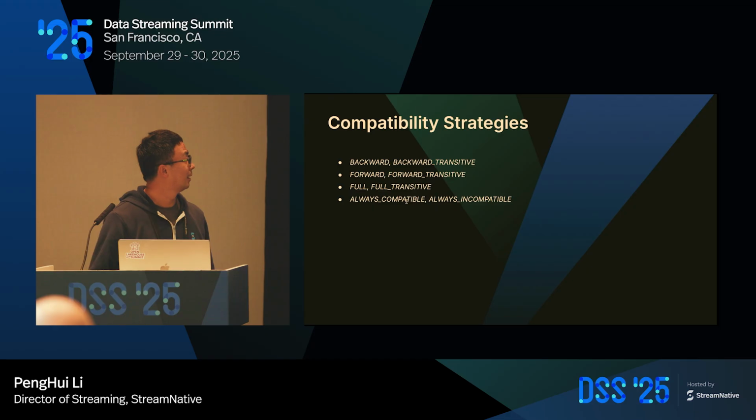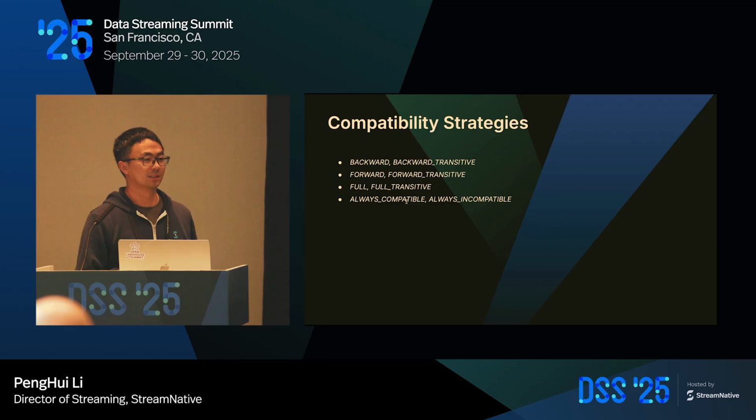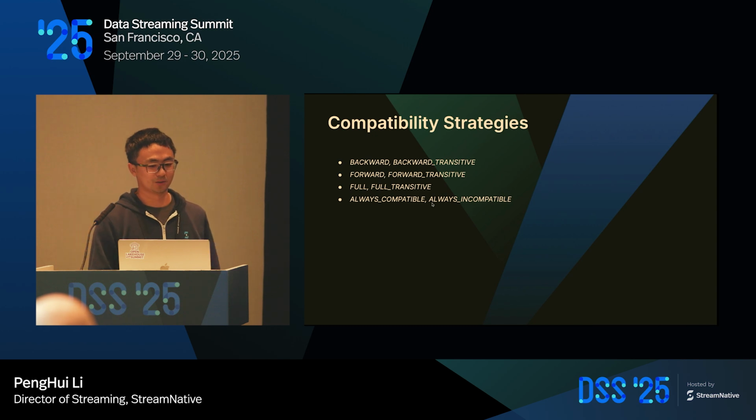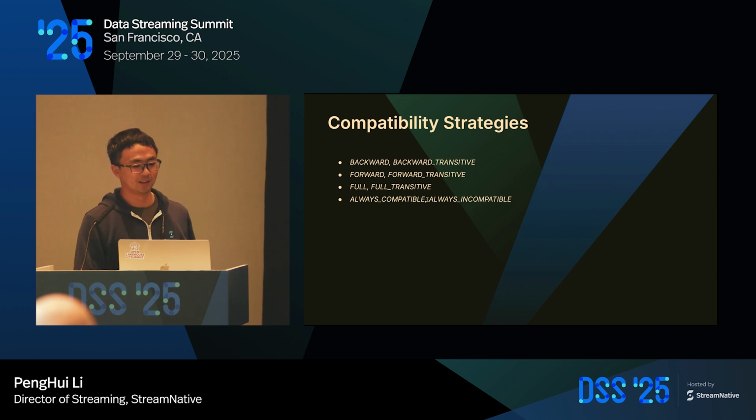There are also two special strategies. One is always compatible. This means you can use any schema for your topic, but from the consumer side, you need to handle the compatibility issue yourself. It has some special use cases where users know how to handle those data.